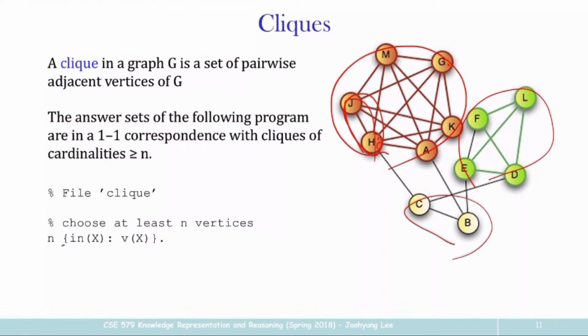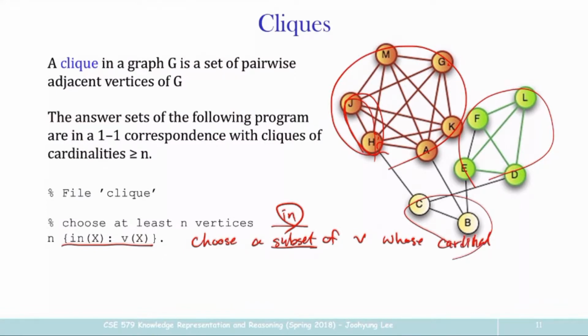This is actually the same as saying choose a subset of V, and this subset is named in, whose cardinality is greater than or equal to n. This is what this line is saying. So choose a subset of V that belongs to this in predicate, and the cardinality of that in relation should be at least n.